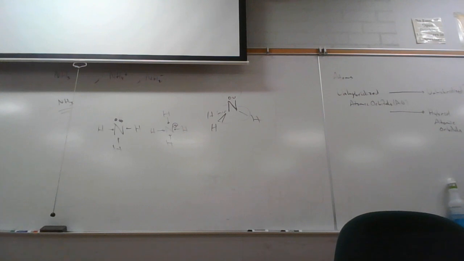The internuclear region is if I draw an axis from the nucleus of the nitrogen through the nucleus of the hydrogen, then I see there's overlap in this region here. This concentration of negative charge density is going to mean that the nuclei, being positive charge regions, are going to be attracted to this. And so that's what's going to hold the atoms together. And so a bond is equal to the overlap of atomic orbitals.